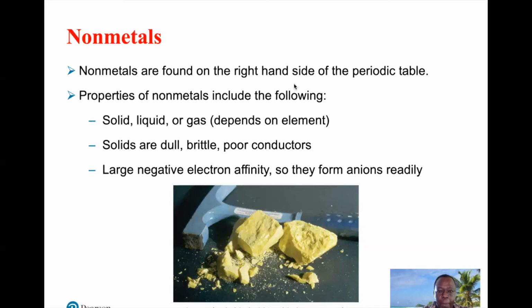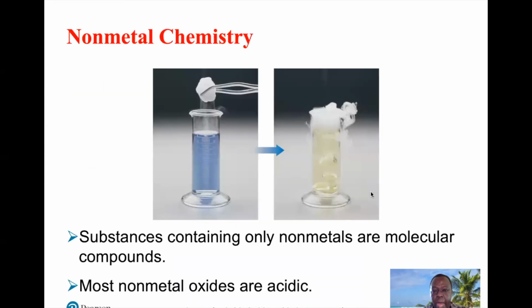They are dull, brittle, and poor conductors. They have large negative electron affinity. That means they are highly exothermic. When you add an electron to them, they give away a lot of energy, which means a lot of energy is given off when you add an electron to them.